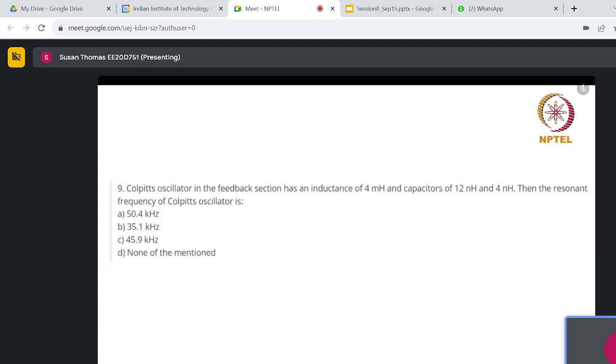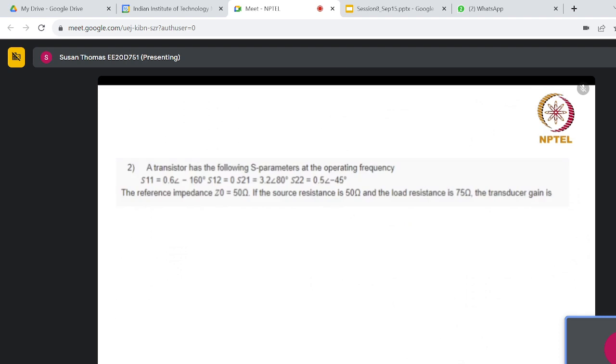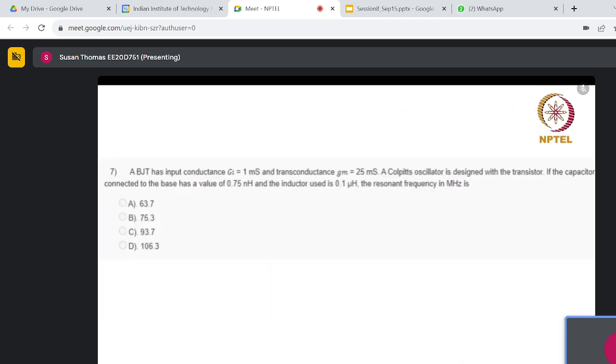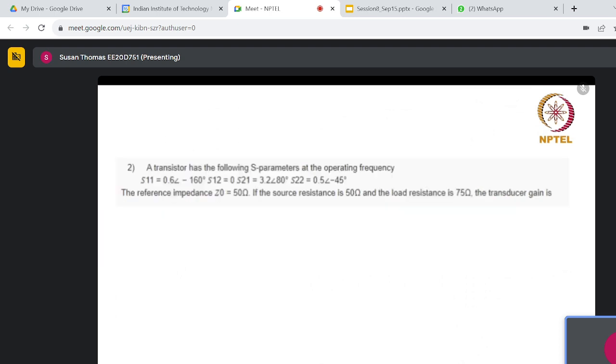Now we will go to a few questions about the transistor. Let's have a look at this question. Second question: a transistor has the following S parameters at the operating frequency. S11, S12, S21, S22, all values are given to you. The reference impedance Z0 is 50 ohms, the source resistance is 50 ohms and the load resistance is 75 ohms.